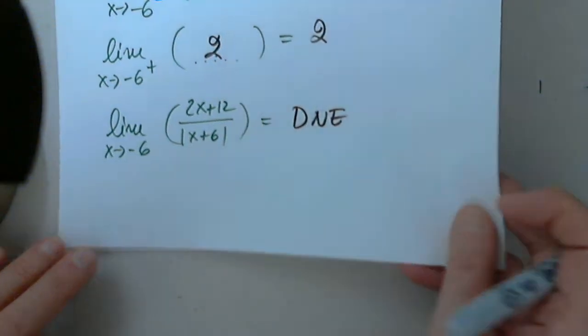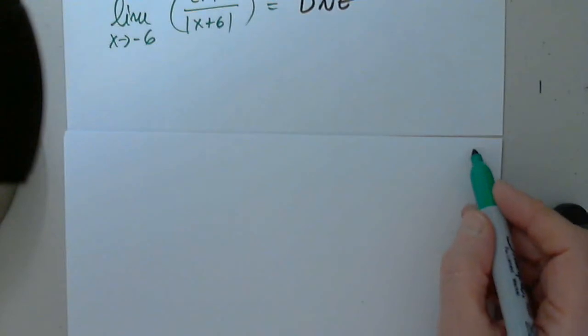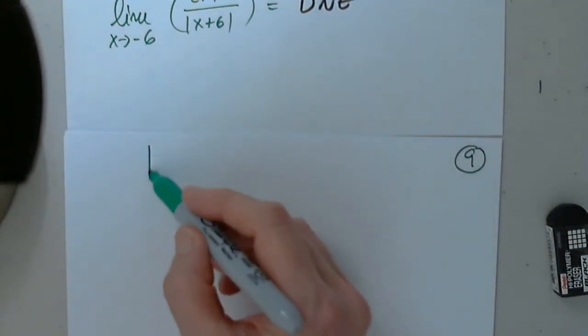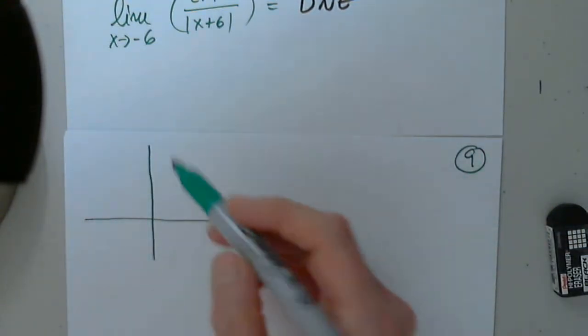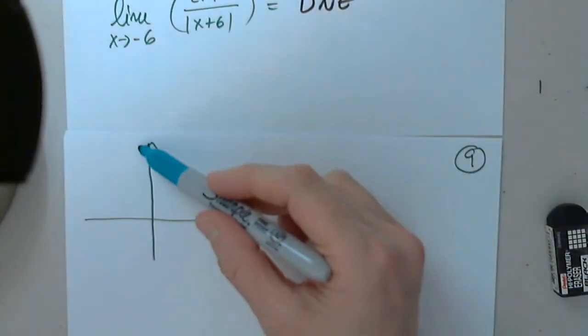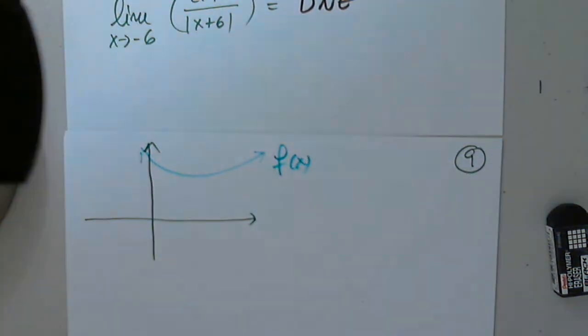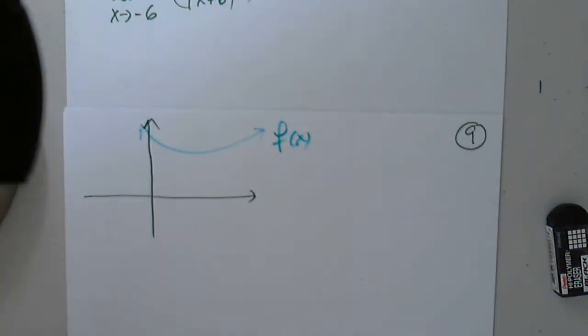Take a look at the following situation. Let's suppose we have a function, let's call this one f of x. The notation is not important.